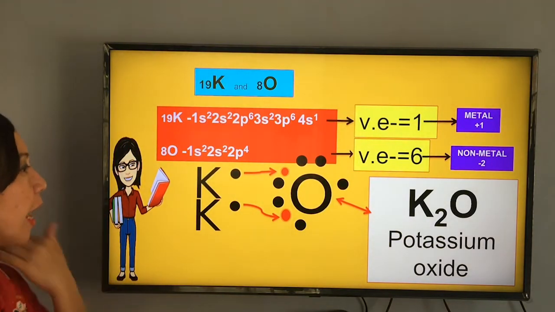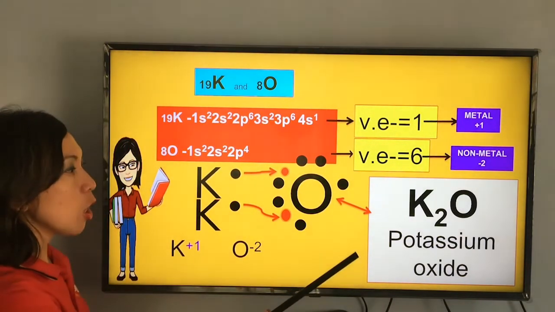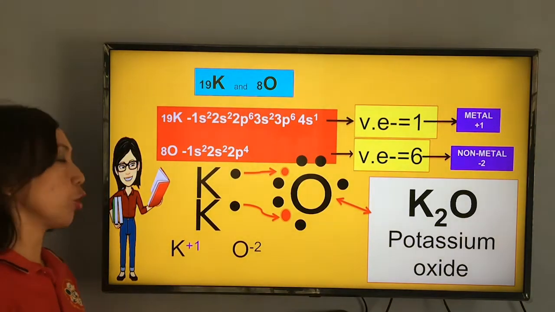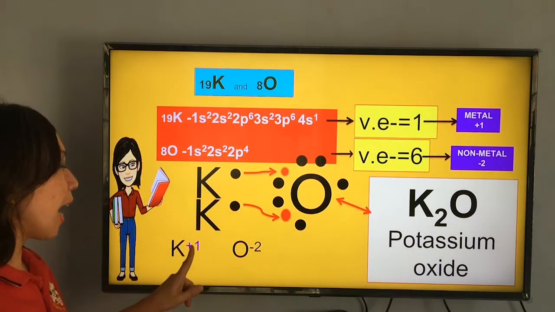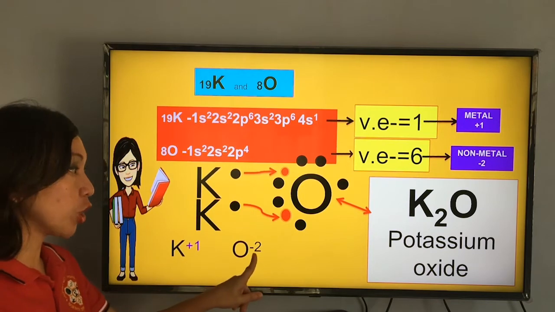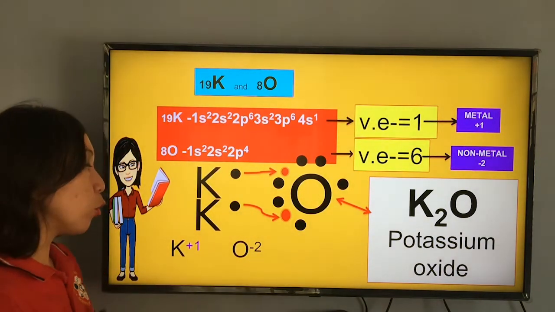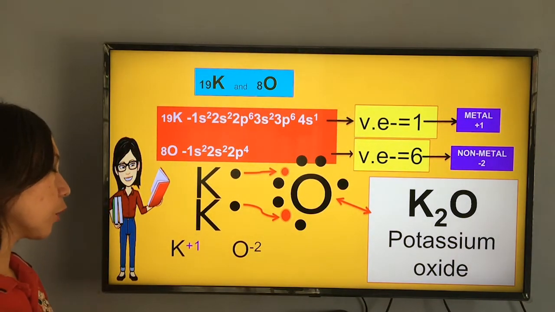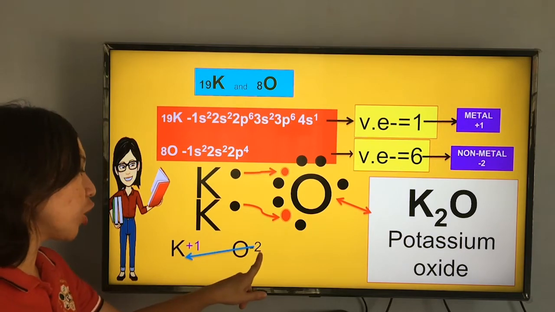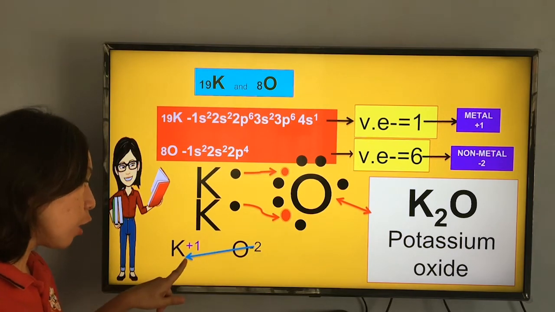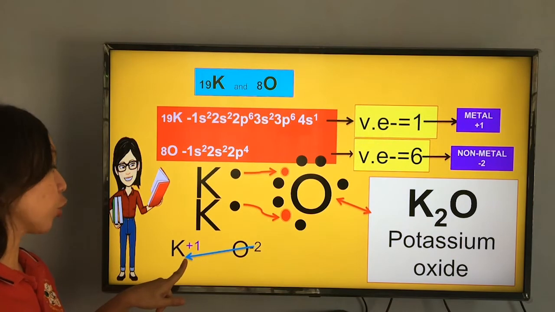Let's try to get the bonding using the oxidation number. Potassium has positive 1. Oxygen has negative 2. When we crisscross that, so what will happen? The oxygen's 2 here will be moved here to become the subscript of potassium.